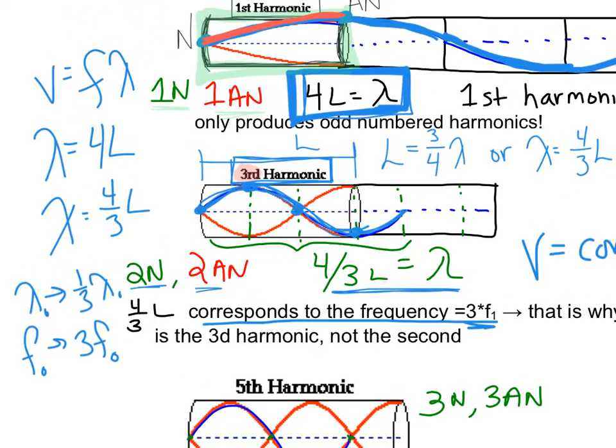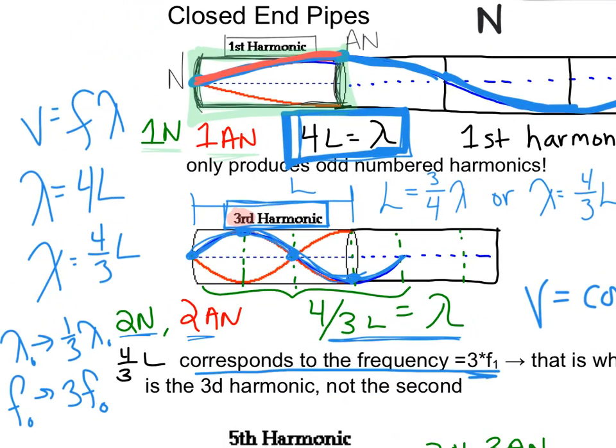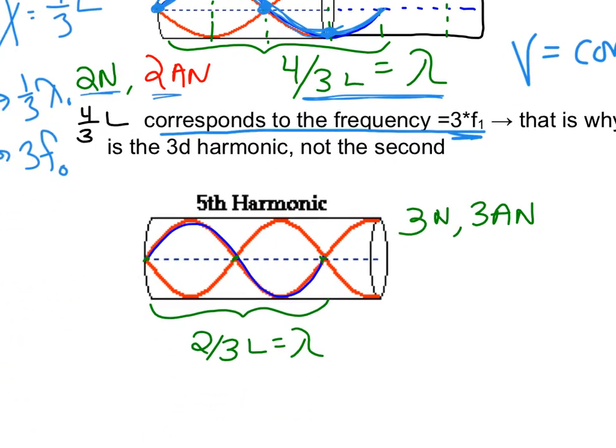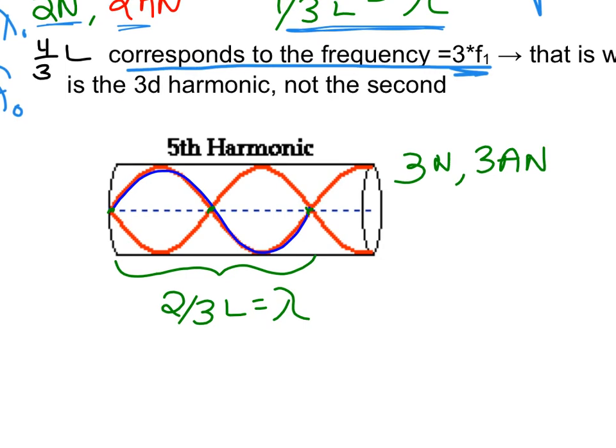That is an unusual thing that happens in this closed-ended pipe, that I will only find odd-numbered harmonics. We can look at the 5th harmonic as well. So here's what our 5th harmonic would look like. And we're going to see the same pattern holds. If I want to make my 5th harmonic, I'm going to add in another half wave, crunch it into my system, and I'm going to make sure that I have a node at one end and an antinode at the other.